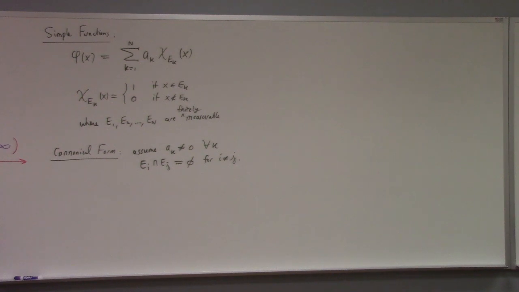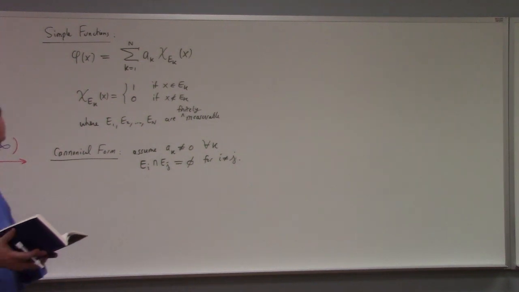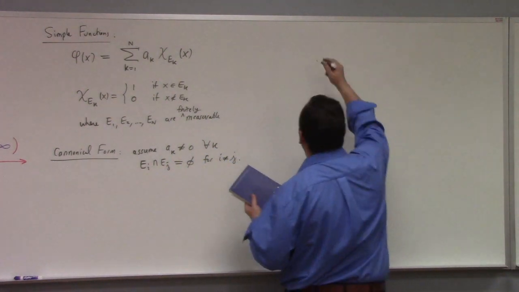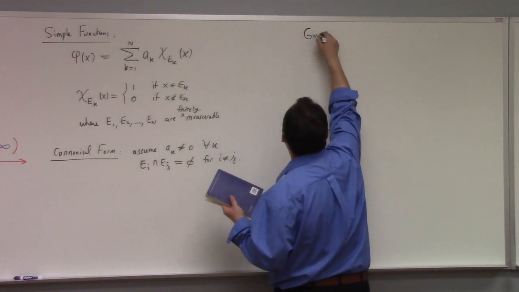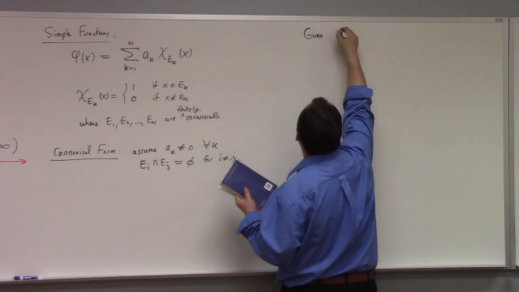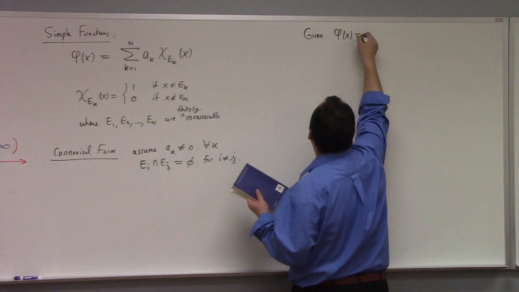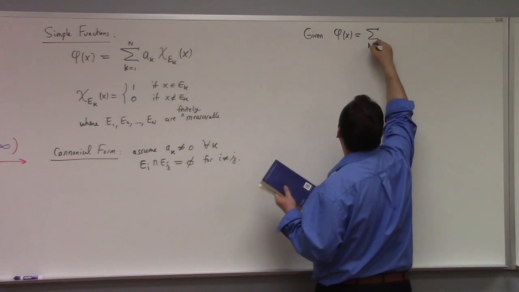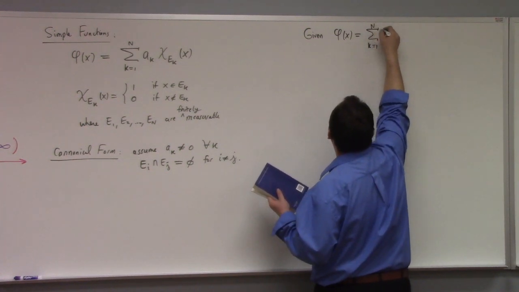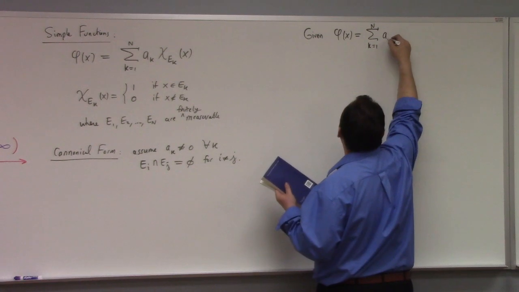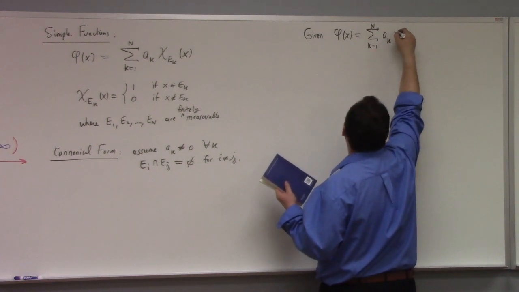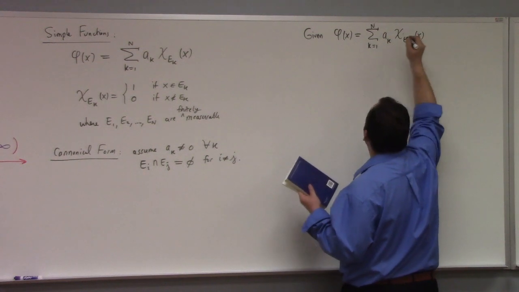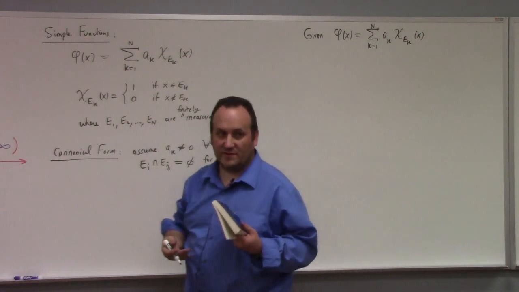But okay, so suppose you have a simple function. How do you find the decomposition? Why wouldn't that already be the canonical decomposition?